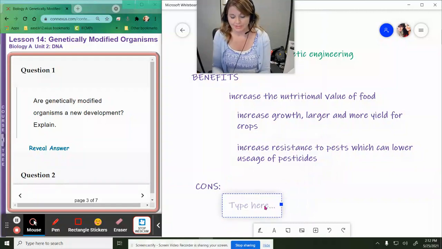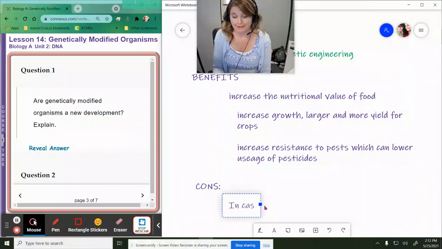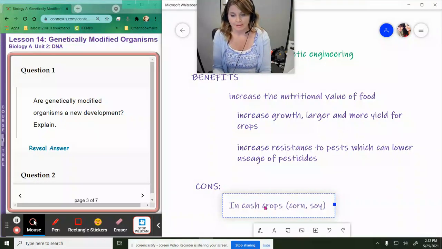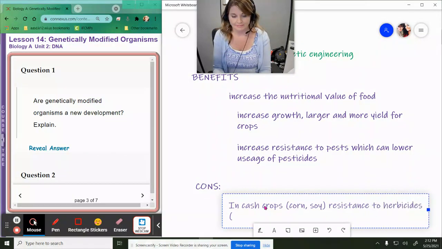Okay. So in cash crops, I'm putting corn and soy because those are the most predominant ones. Resistance to herbicides is spliced, for lack of a better word.